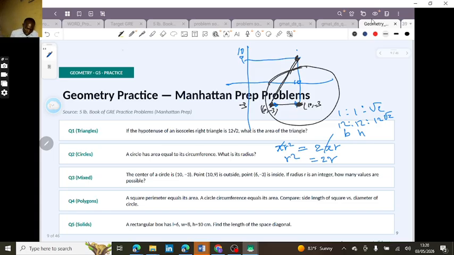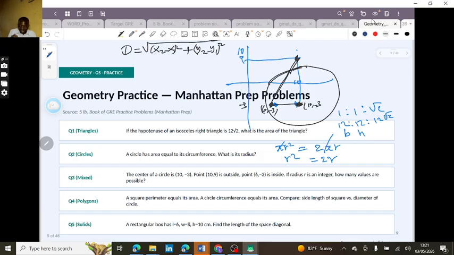The distance formula is D equals the square root of (x2 minus x1) squared plus (y2 minus y1) squared.